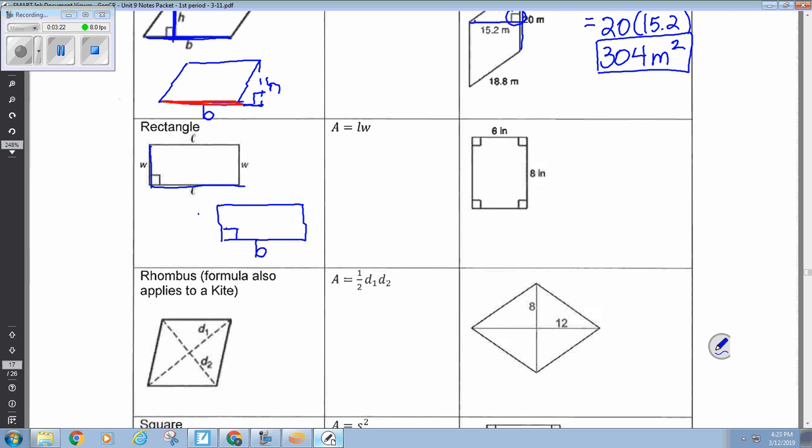You have a base and you have a height. So length times width, base times height means the same thing. In the case of the example given to us, we have a side of 8 inches and a side of 6 inches. So area is length times width, 6 times 8, 48 inches squared.